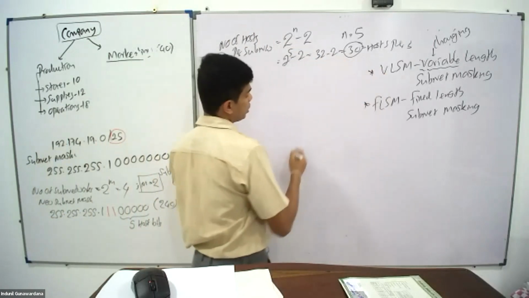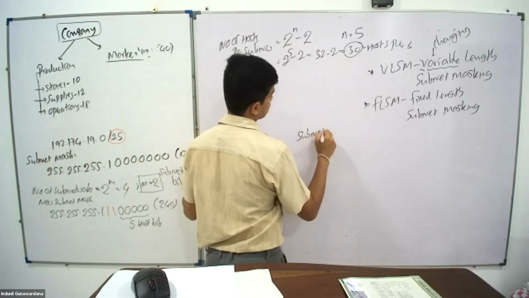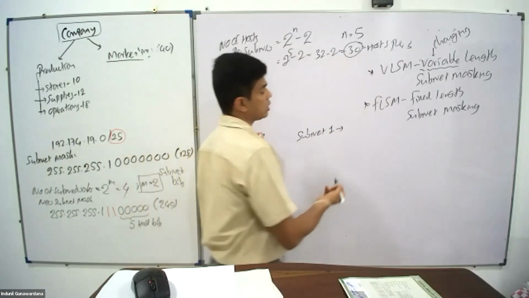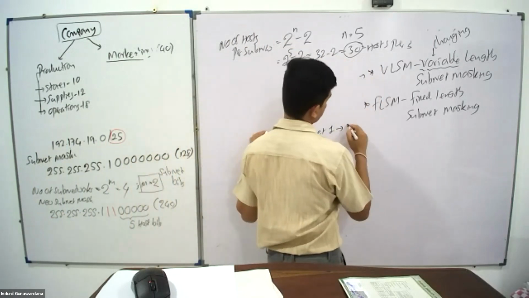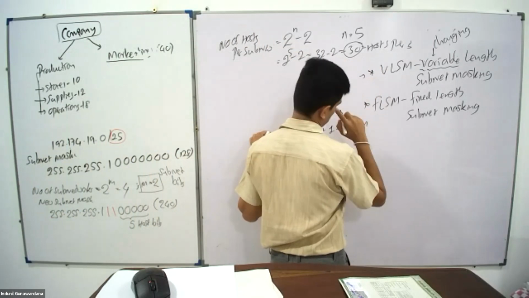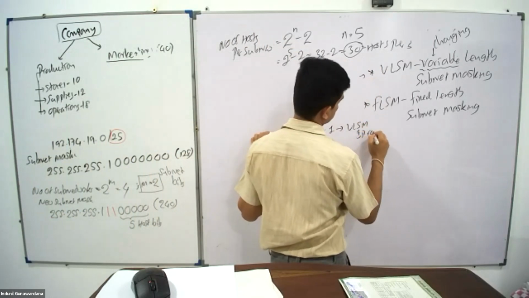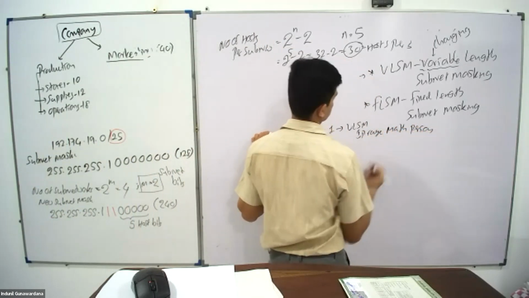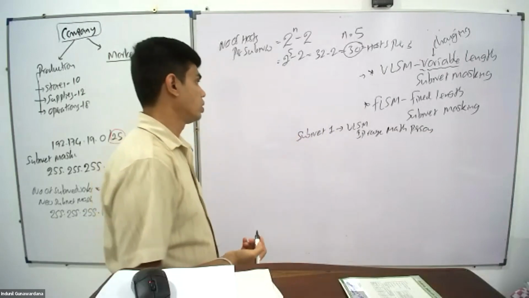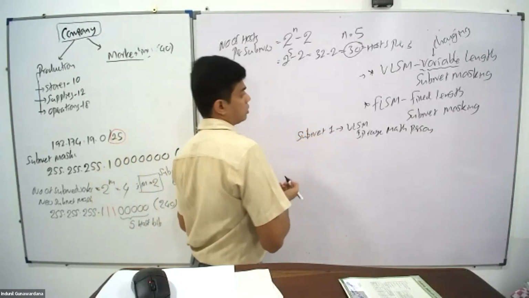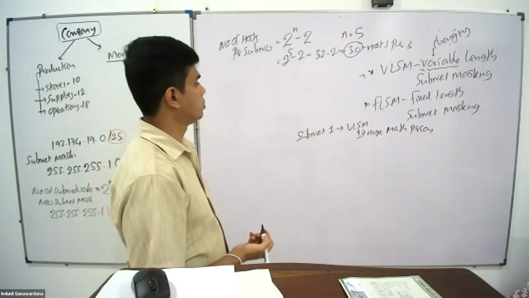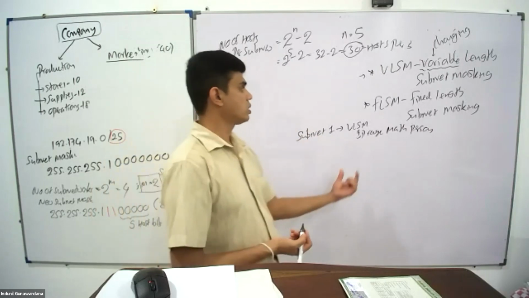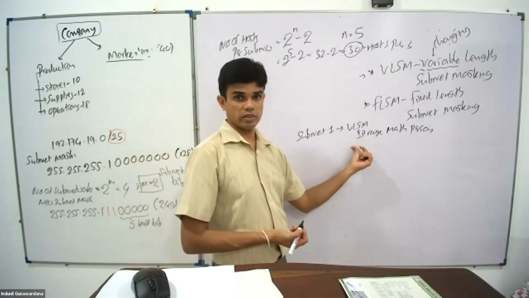That is to say that one of the subnets will use this VLSM method and create the IP range to match with that requirement. Right. So the IP address needs to be matched.